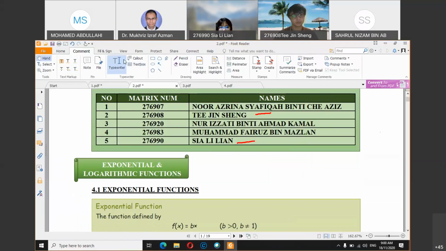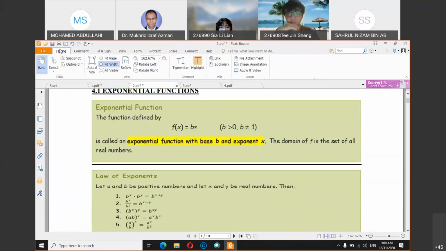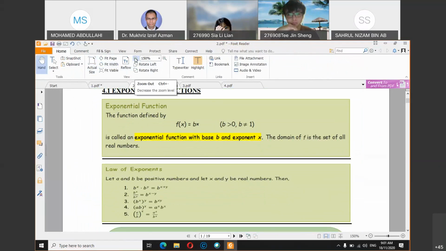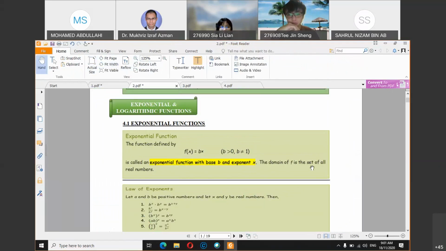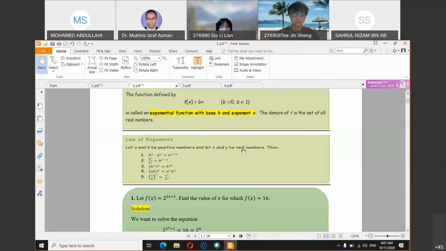I see improvement from the previous assignment, whereby you use different shades of color. I will not be focusing too much on the rules of how you convert. When you do this assignment, you are self-learning most of this part.